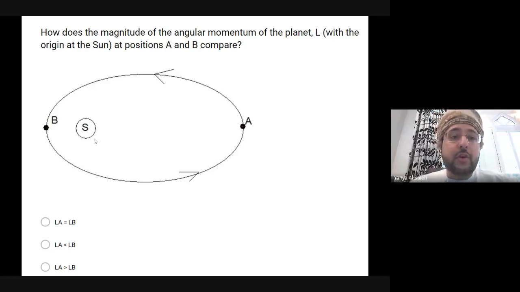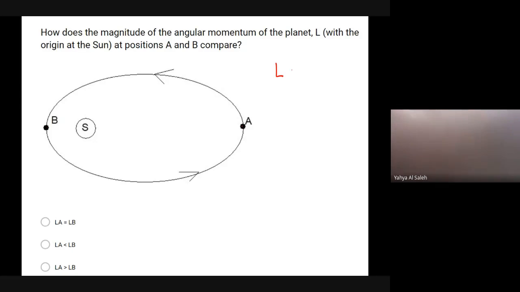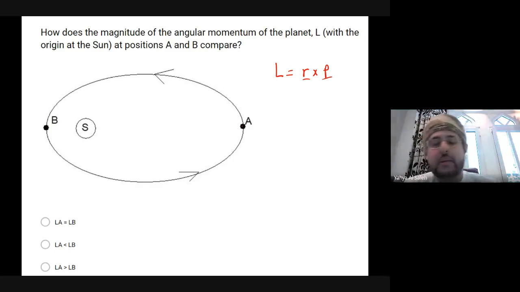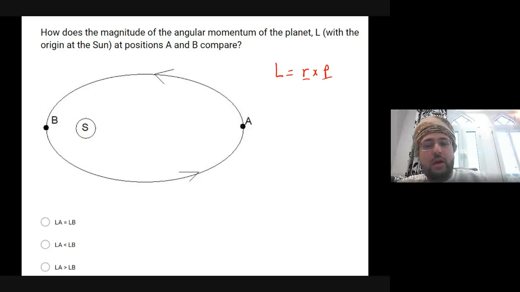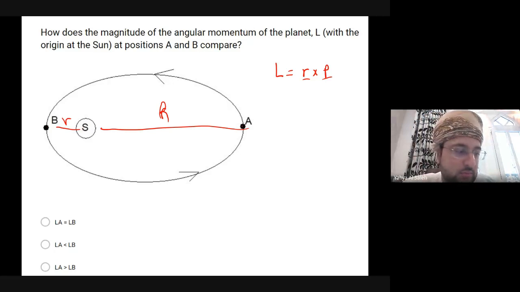Okay. So how does the magnitude of the angular momentum compare? Well, let's see. L equals R cross P, right? R here is more, I'll use capital R, and R here is less.